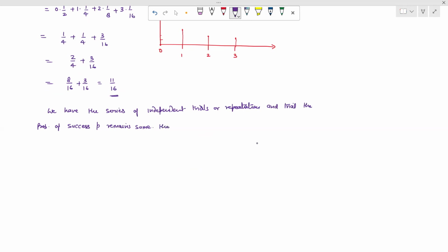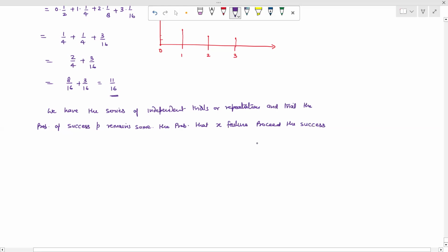The probability that x failures precede the success, when we perform x plus 1 trials.